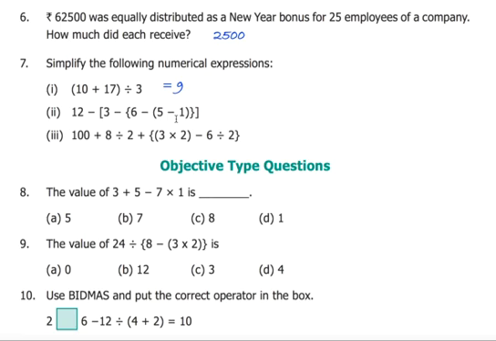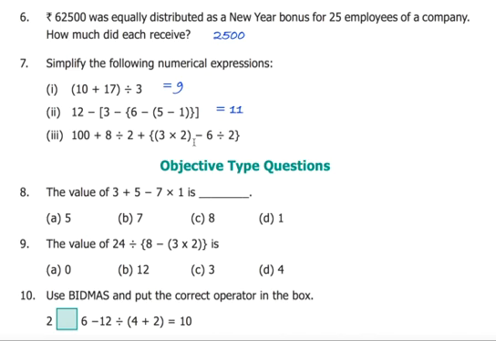5 minus 1 is 4. 6 minus 4 is 2. 3 minus 2 is 1. 12 minus 1 is 11. Again bracket comes first. 6 minus 3 is 3.